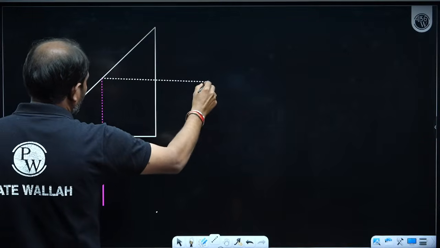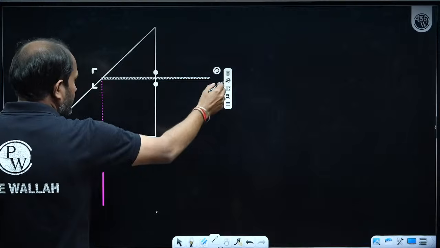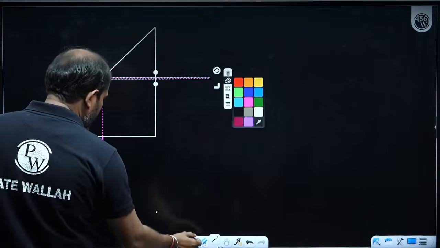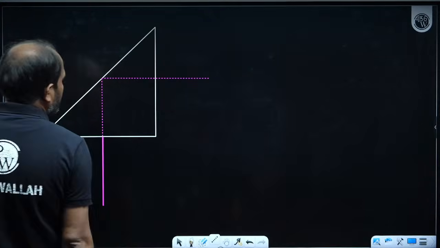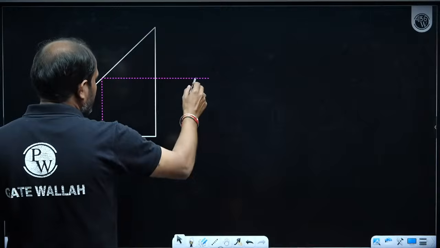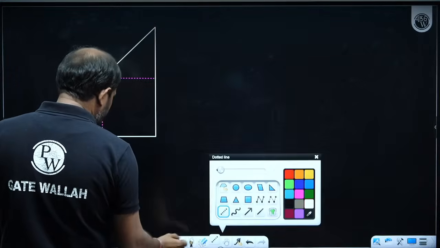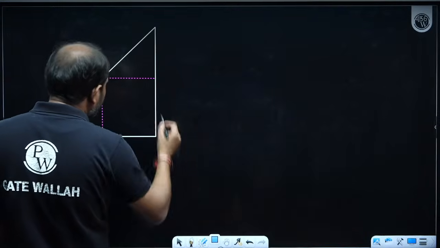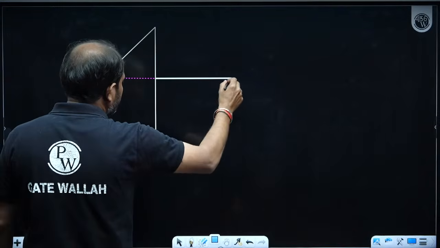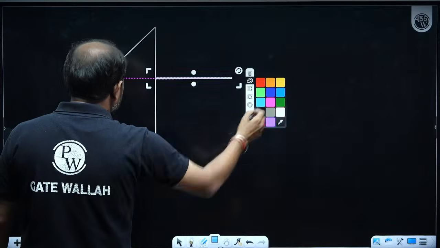And at this corner, in which direction will it be incident? Obliquely incident. And then after, it will be reflected, transmitted.